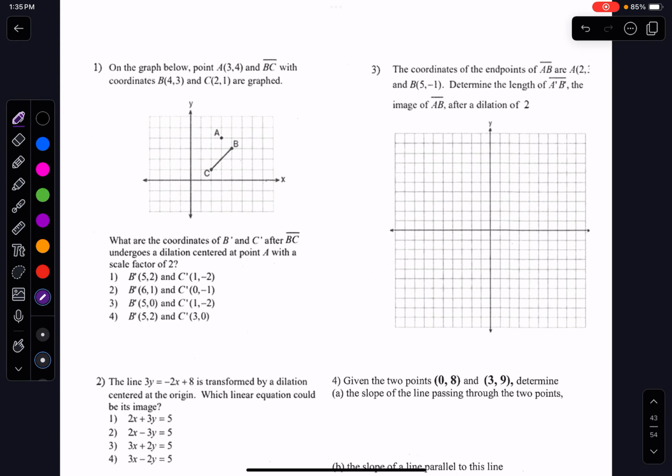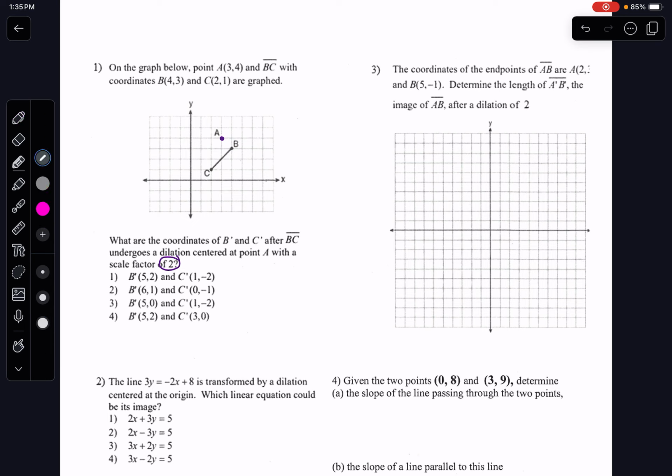So now for some more practice. On the graph below, point A (3, 4), and BC with coordinates B (4, 3) and C (2, 1) are graphed. What are the coordinates of B' and C' after BC undergoes a dilation centered at point A with a scale factor of 2? So we're increasing our original distances from A to each of these points by 2.